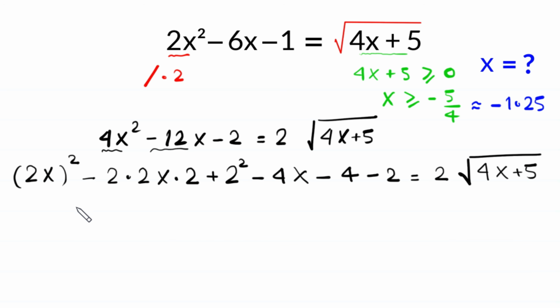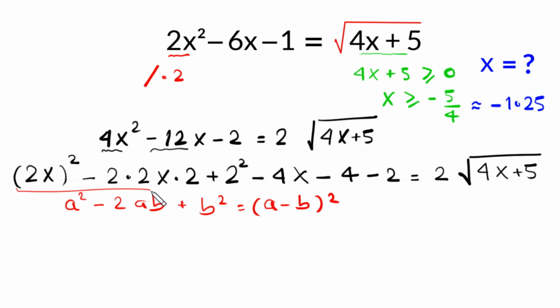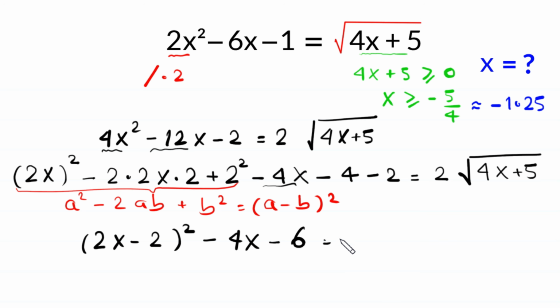Now by using this algebraic identity, a squared minus 2ab plus b squared equal to a minus b whole squared, this 2x whole squared minus 2 times 2x times 2 plus 2 squared will become 2x minus 2 whole squared, and this negative 4x negative 4 minus 2 will become negative 6 equal to 2 times root 4x plus 5.